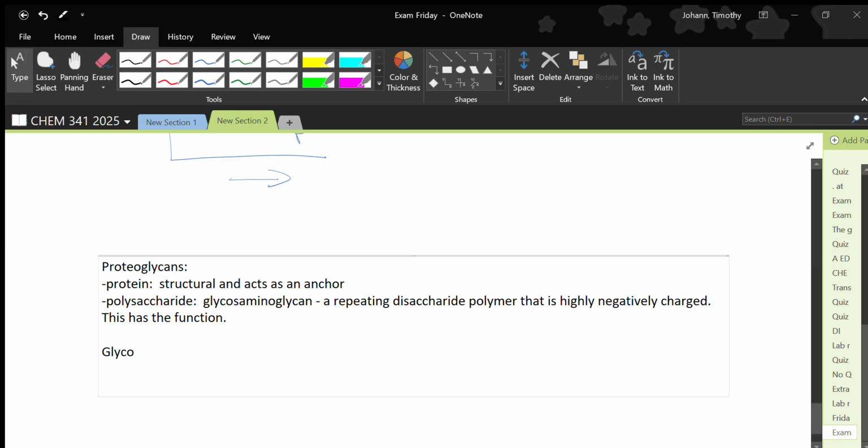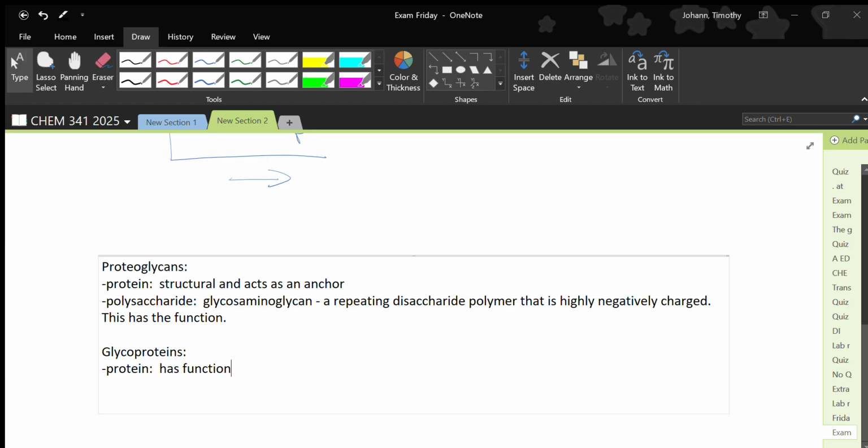Then we also have glycoproteins. They have proteins in them, and the protein has function of some sort. It could be an antibody, could be anything really. It also has an oligosaccharide on it.